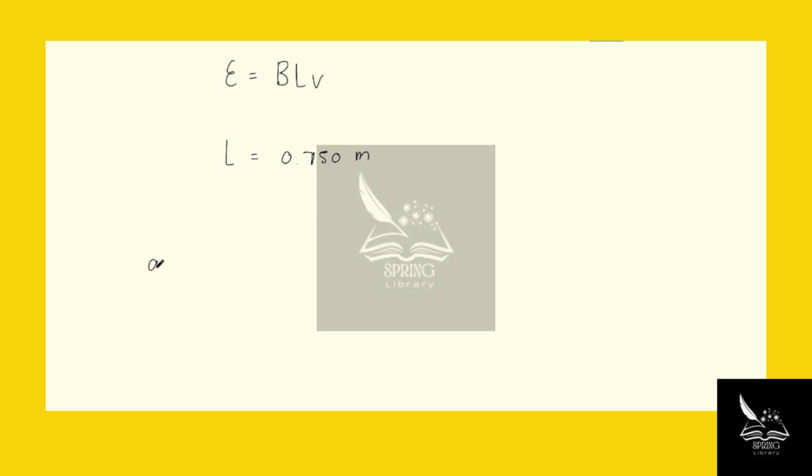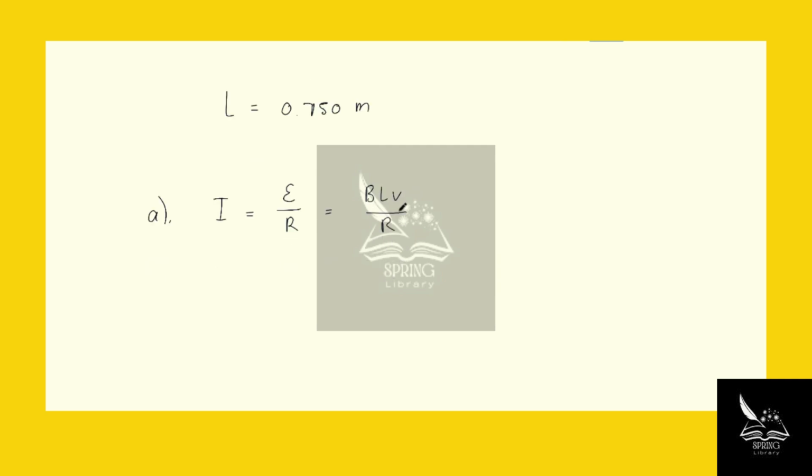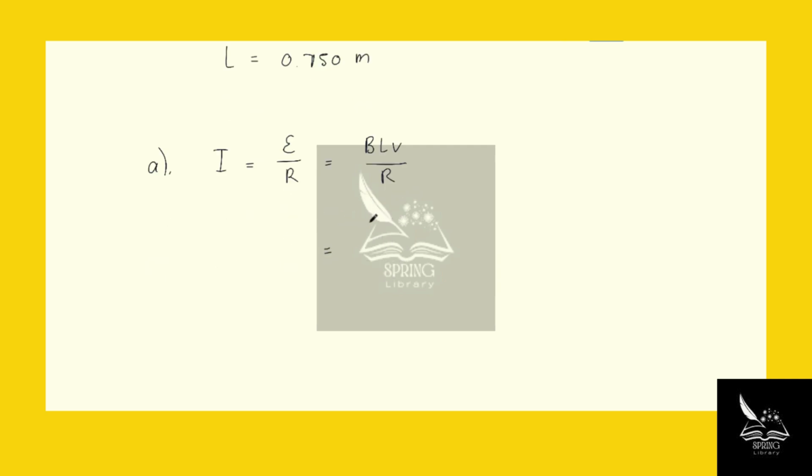Now, let's look at part A. We know that the current that is induced is equal to the induced EMF over the resistance. And this is BLV over R. So we know the magnetic field strength to be 1.25 Teslas.